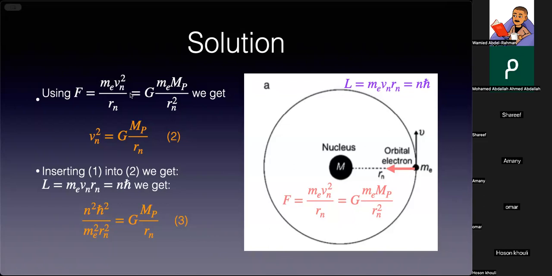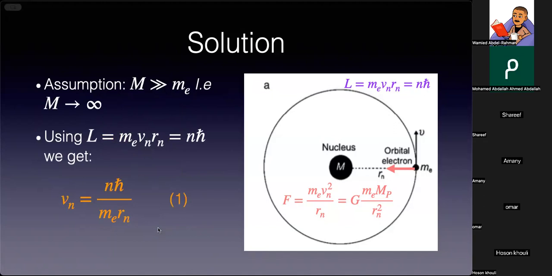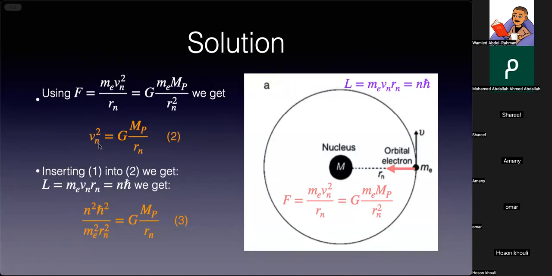So from here, we can get a relationship for the velocity of the electron: the velocity squared is given by this universal constant G times the mass of the proton divided by R. So we're going to look back at equation 1, take Vn and plug it in here. So this is what we're going to get, this relationship.